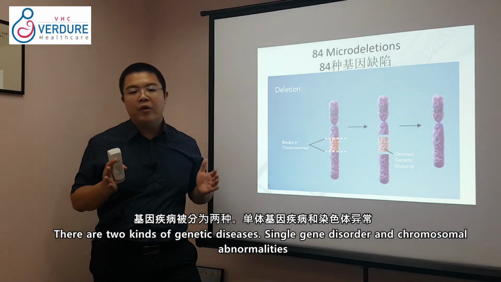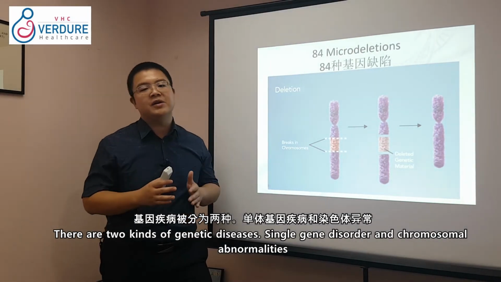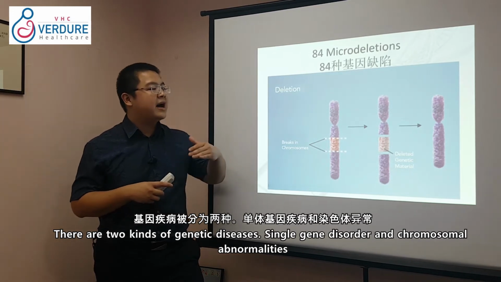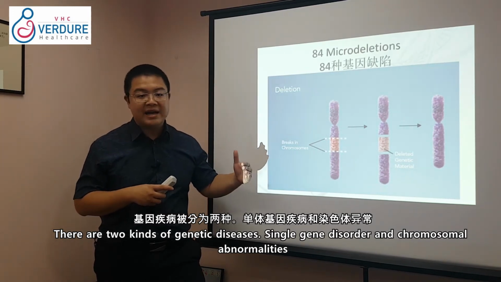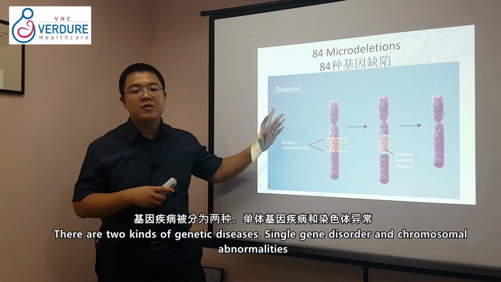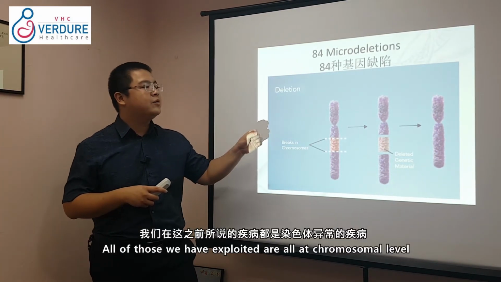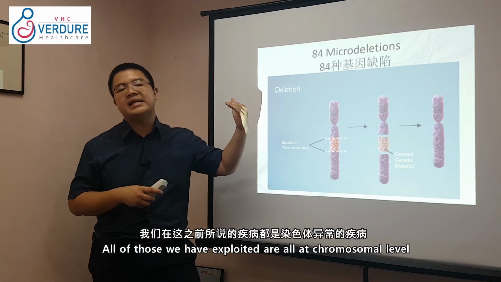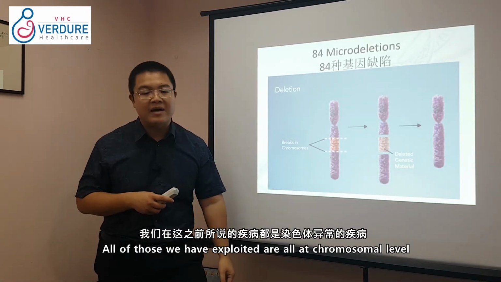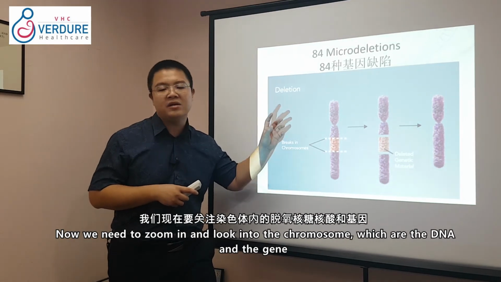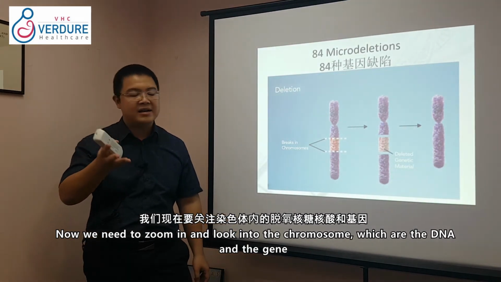Okay, furthermore, if we were to zoom in, once again, sorry for my long-windedness, there are 2 kinds of genetic diseases. One is chromosomal and the other one is the single gene disorder, right? So now, all that we have explored is actually the chromosomal level. But now, we need to zoom in and look at what's in the chromosome, which is the DNA and the genes.